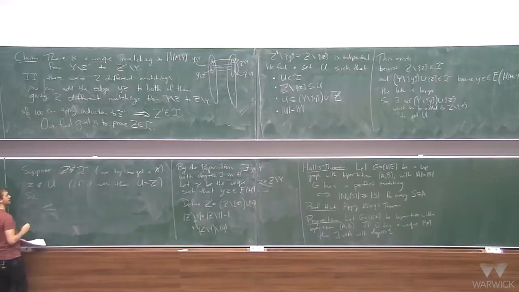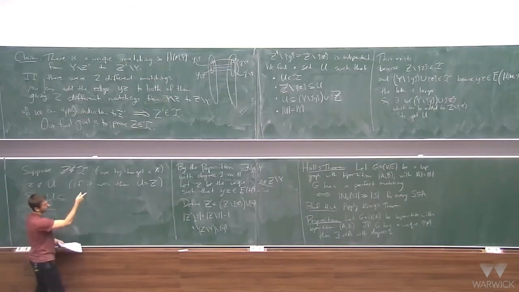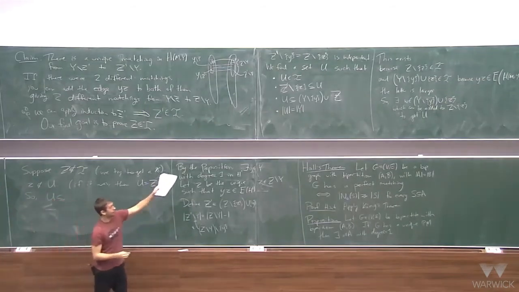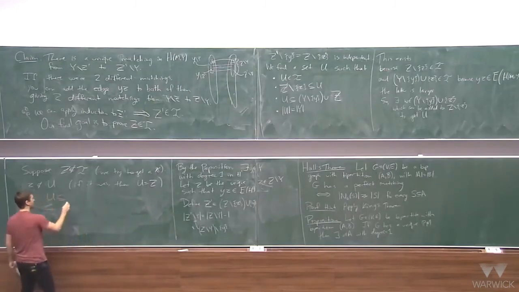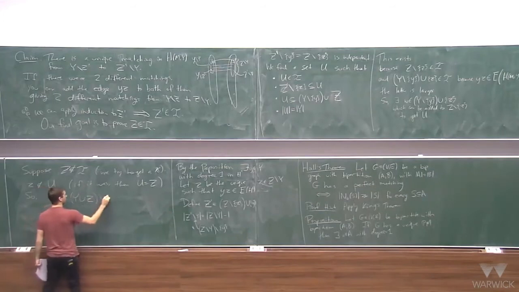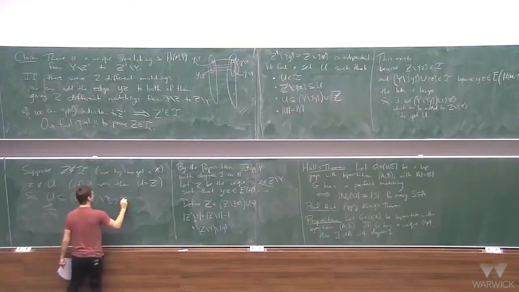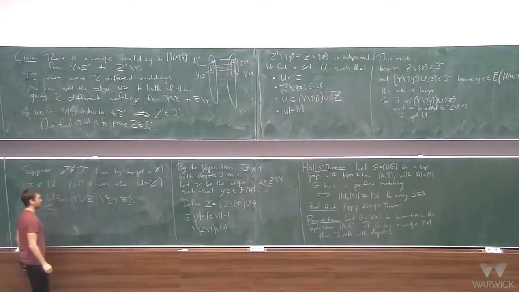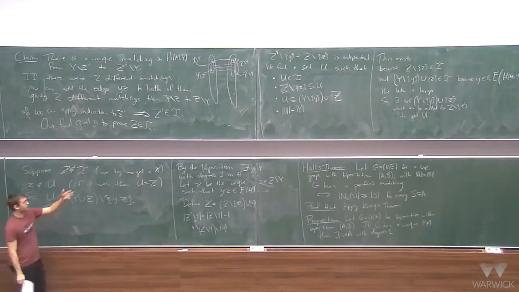So if I look at where U lives, I said before it's a subset of what I've written there, but it's actually a subset of this: if I take Y union Z and throw away both y and z. Because we know it's a subset of what I've written up there, and it doesn't contain z.